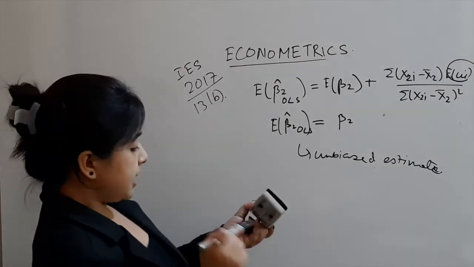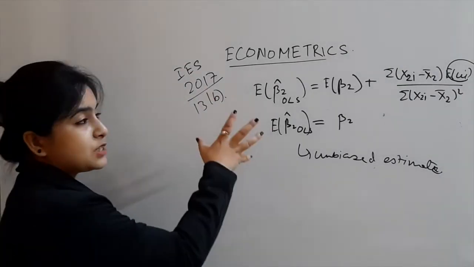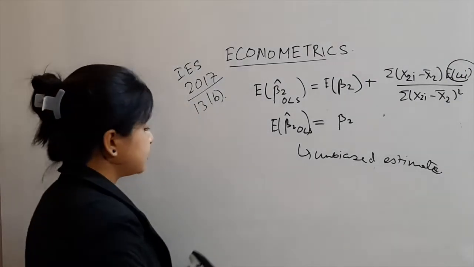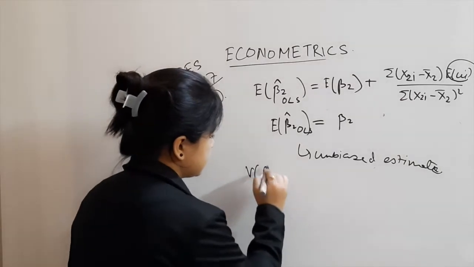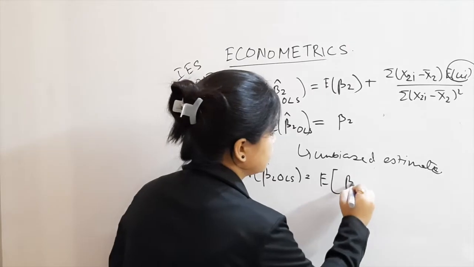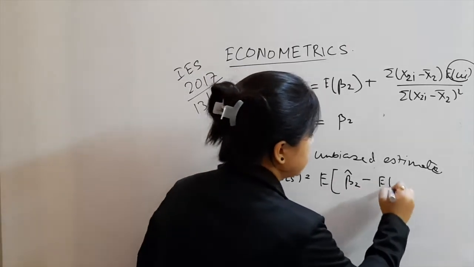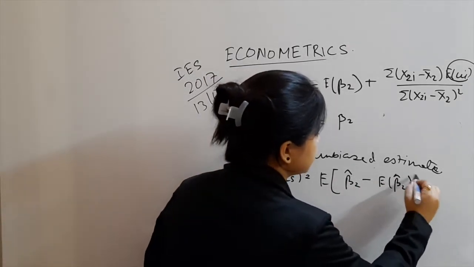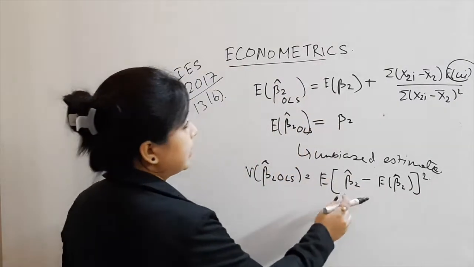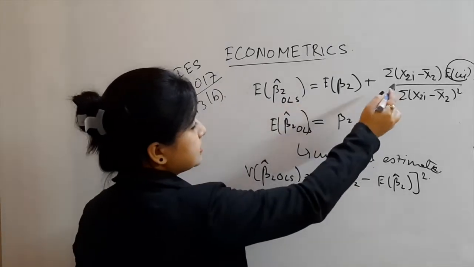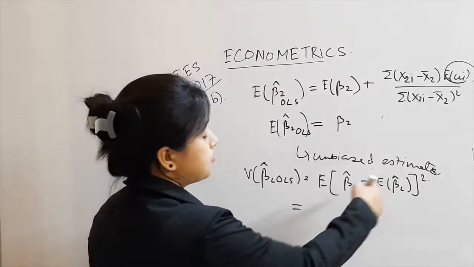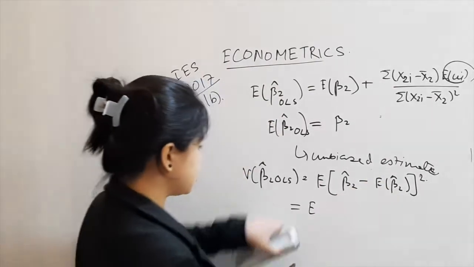Okay. Now, till this much we have just found the estimate. So what will be the variance of it? For the variance of beta 2 hat OLS, we need the value of (beta 2 hat minus expectation of beta 2 hat) whole square. So we know the value of beta 2 hat, right? This was the value of beta 2 hat without the expectations, minus beta 2.